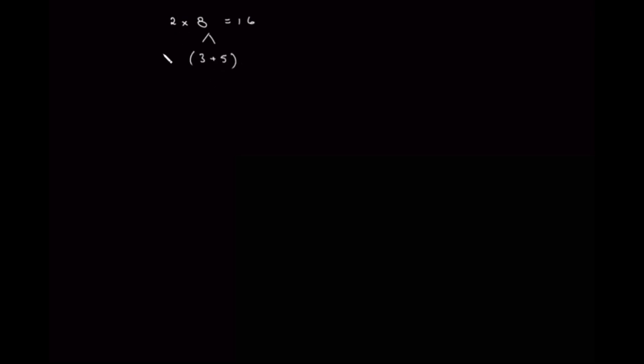Now if I want 2 times that, what I end up with is the same as 3 plus 5. There's one of them, and there's another one. Now if I were to add those up, 3 plus 3 is 6. There's the plus. 5 plus 5 is 10.